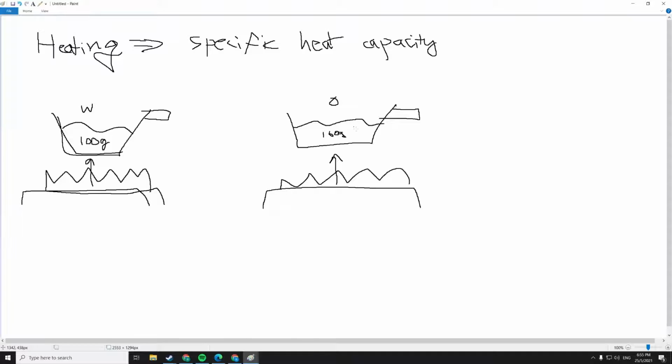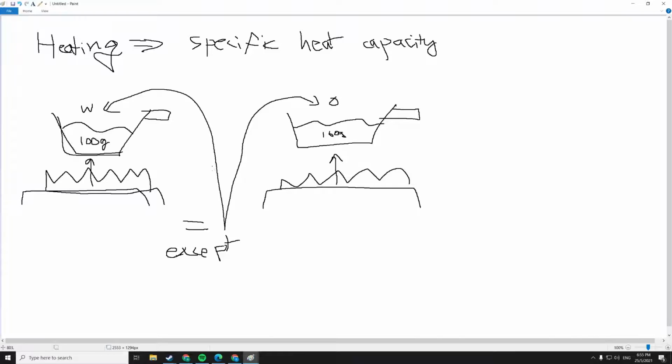We're using the exact same pot, the exact same burners. We're assuming that all the conditions here are the same, except for the material itself, what we're heating.